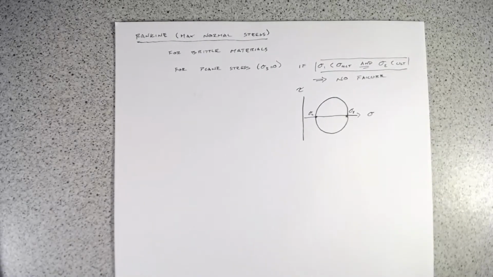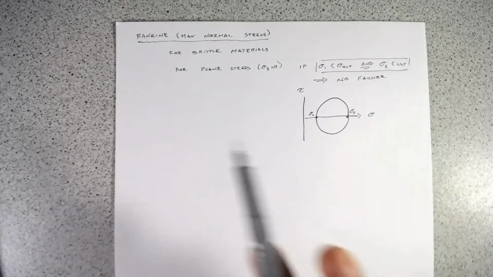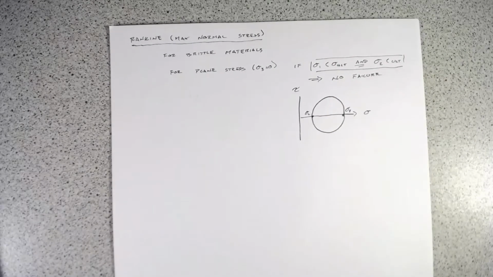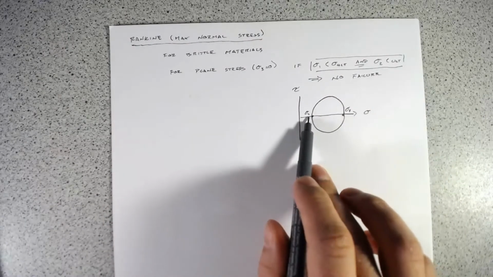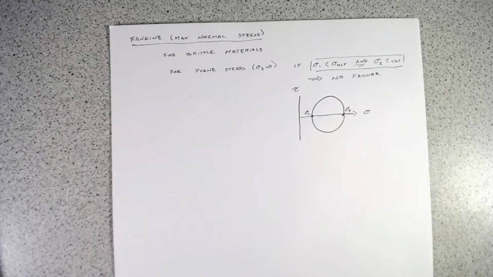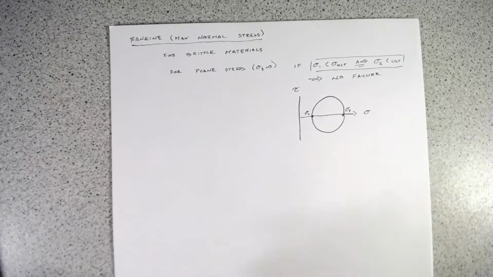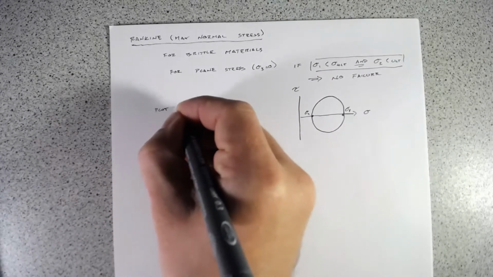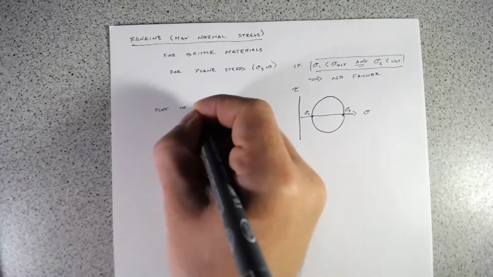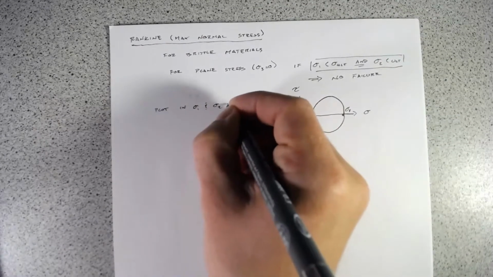So what does that look like if we want a more graphic overview of it? Say that we take our sigma 1 and our sigma 2, and instead of plotting in sigma-tau space, let's plot in sigma 1 and sigma 2 space.